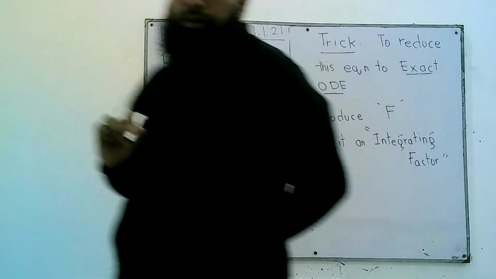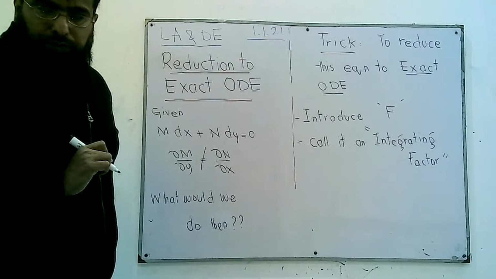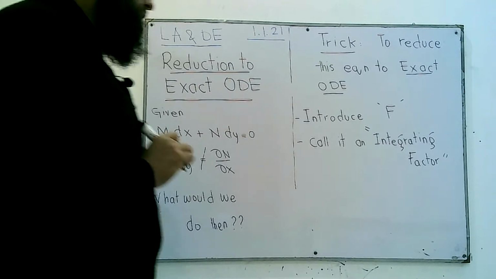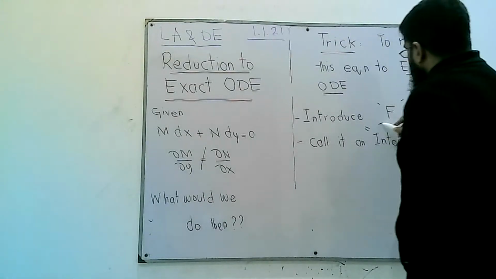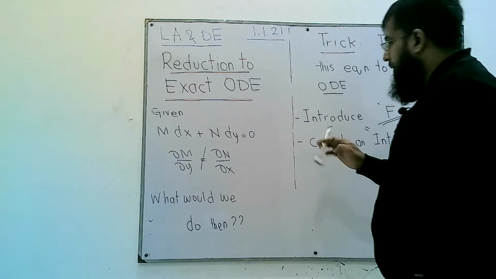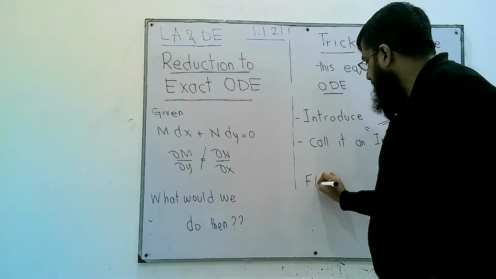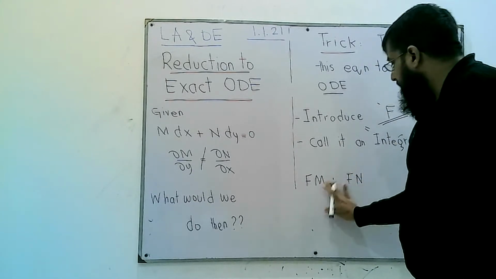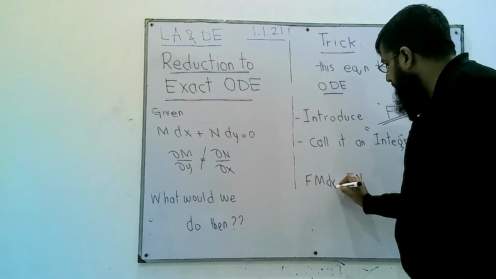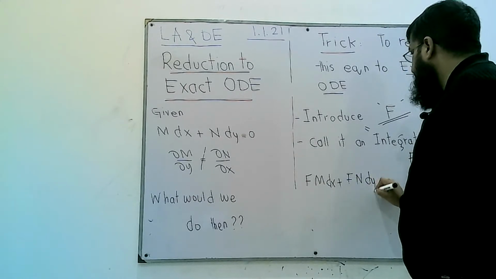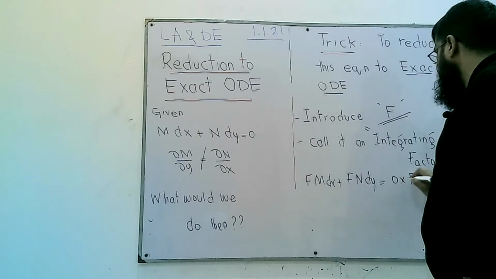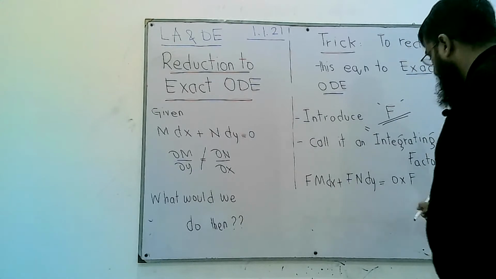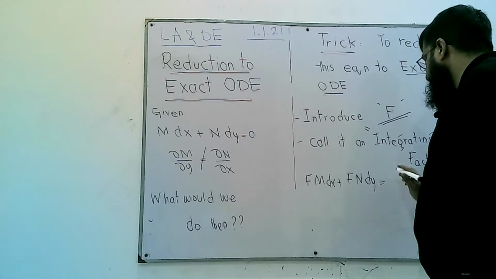So we introduce an f and we call it the integrating factor. What we are going to do with this f is multiply it with M, with N, and with this 0. So actually we multiply f on both sides of this equation, on the left-hand side and the right-hand side. So 0 times f remains 0.